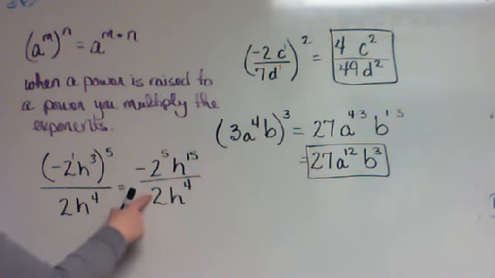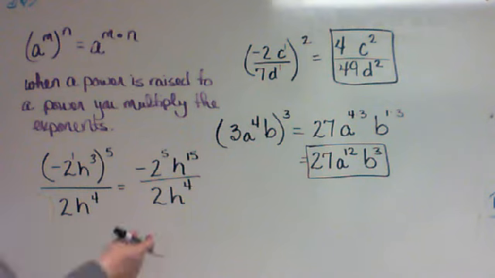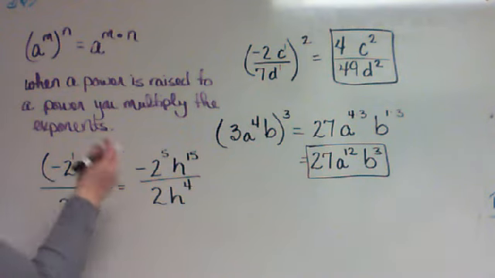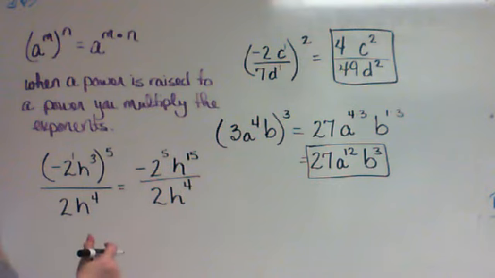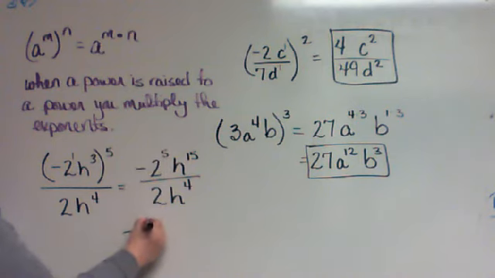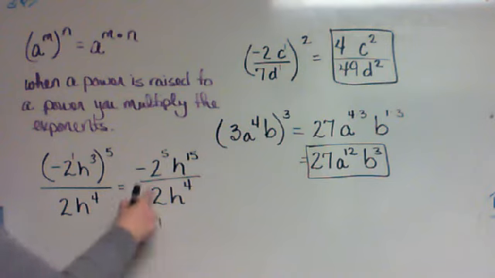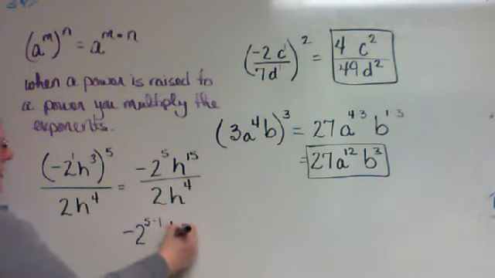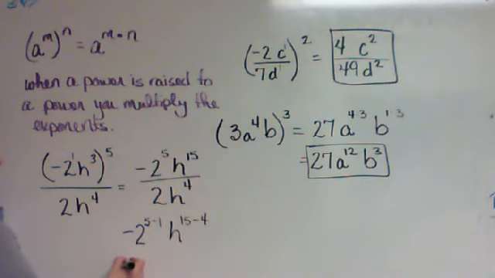Now I have like bases, so I can subtract exponents. You know, the rules from before. They still apply. Just because it's a different section doesn't mean it doesn't still apply. So now I have a negative 2 to the 5 minus 1, because it's division, and then h to the 15 minus 4.